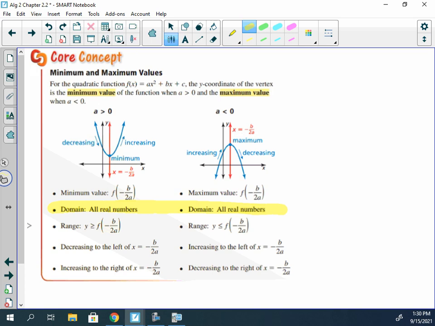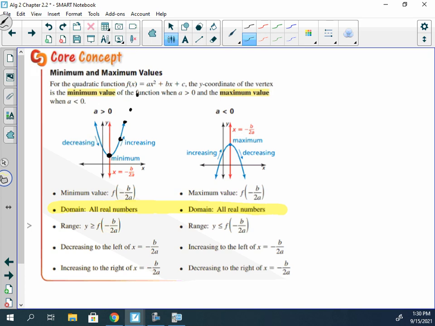Now, looking at the one that's opening up, if I picked any point along this function as it goes up, will I be able to find a point that's bigger than whatever point I picked? Yes, because those lines extend indefinitely, yes? So will this ever have a maximum value? No, because whatever I pick as the maximum value, there's still going to be a point slightly bigger than it. But this point right here, is there any point lower than it?